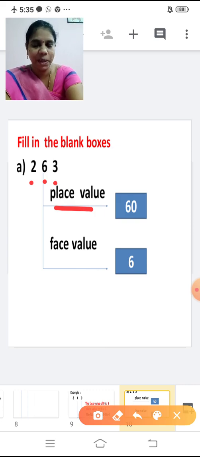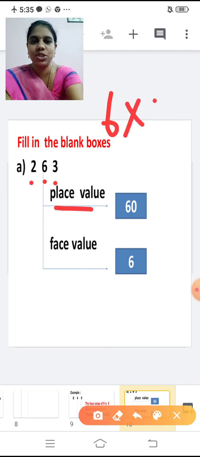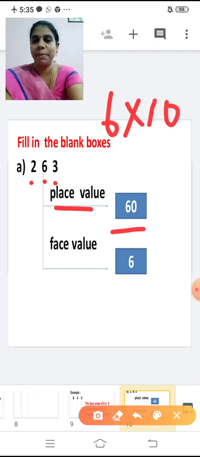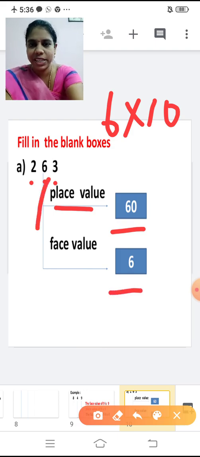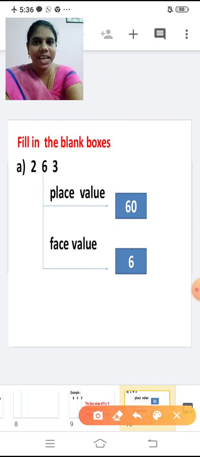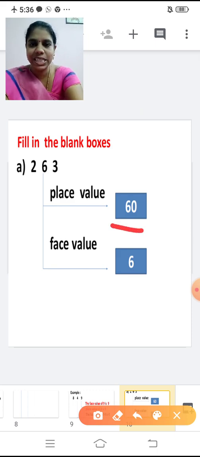That means 6 into 10, 60. Place value is 60. What is the face value? The digit itself. What digit we are having? 6. So the face value is 6. Place value is 60 and face value is 6.